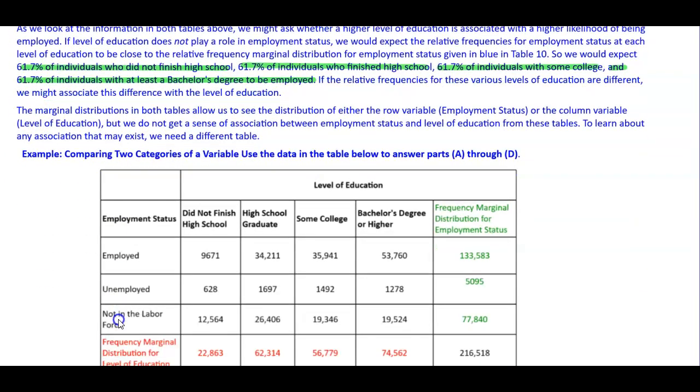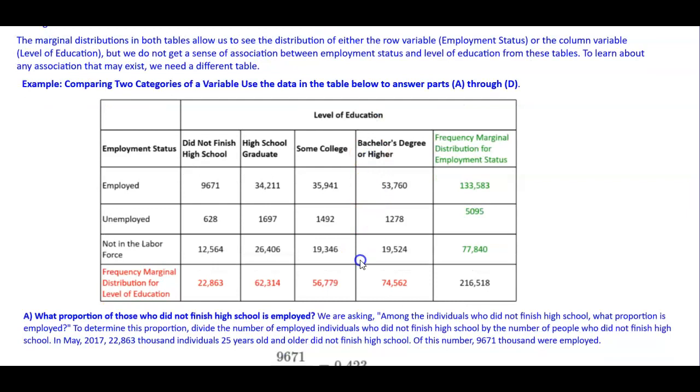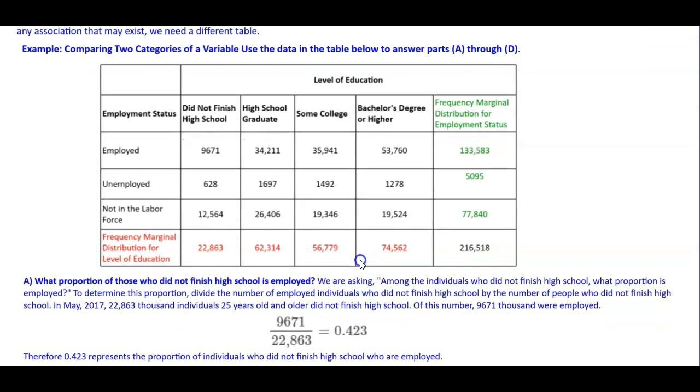In this example, we are going to compare two categories of a variable by using the data in the table below to answer parts A through D. In the first question, it's asking us, what proportion of those who did not finish high school is employed? So those who did not finish high school have a column total of 22,863.